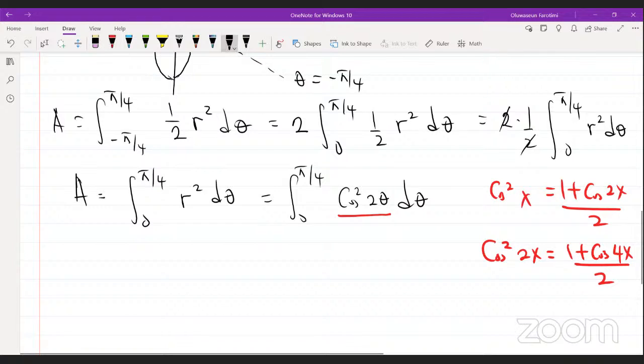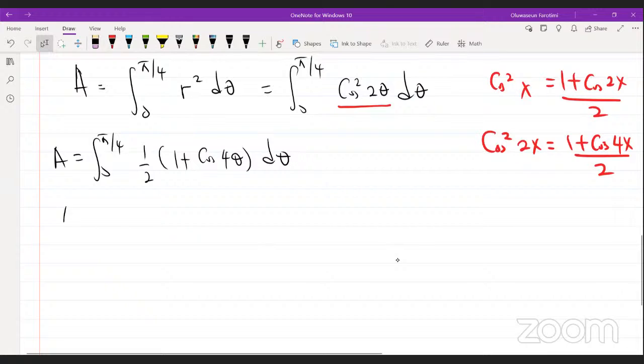All right, so let me make progress. My area is going to be the integral from 0 to pi over 4 of 1/2 times 1 plus cosine of 4 theta, d theta.